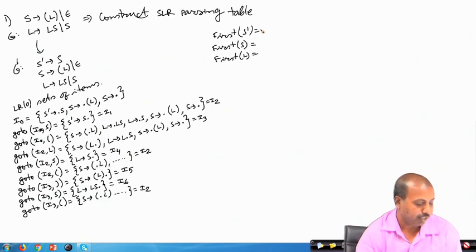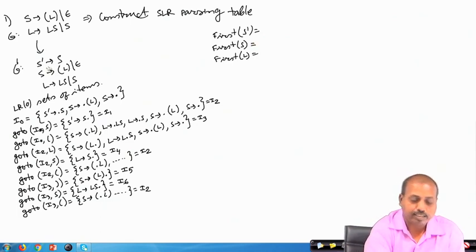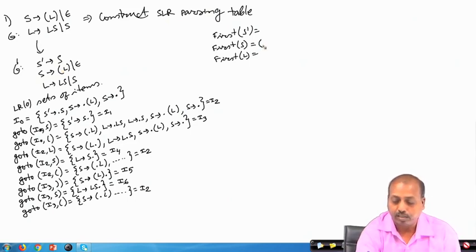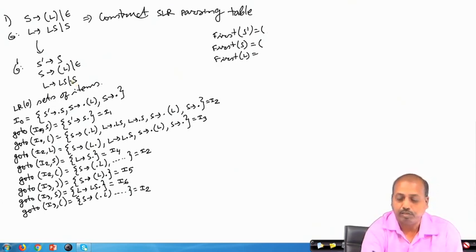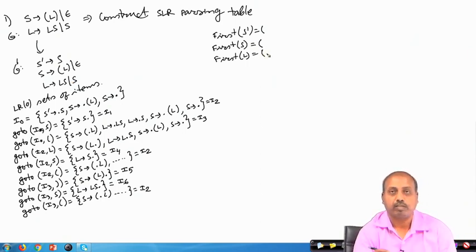First of S dash is same as first of S, and first of S is open parenthesis. So, open parenthesis is there, and first of L by this rule L producing S, you see it has got the same as the first of S. So, that is the first computation.